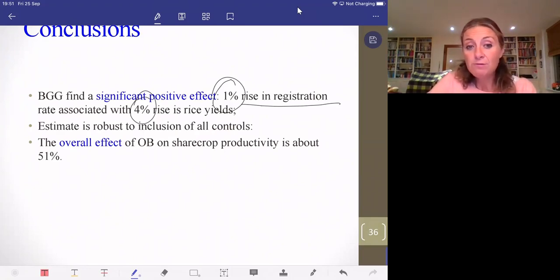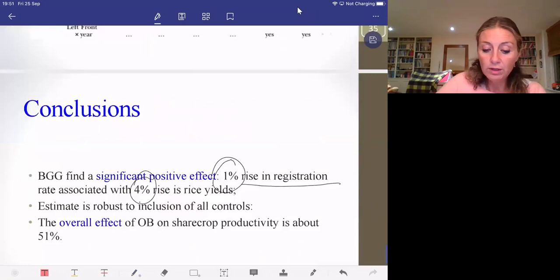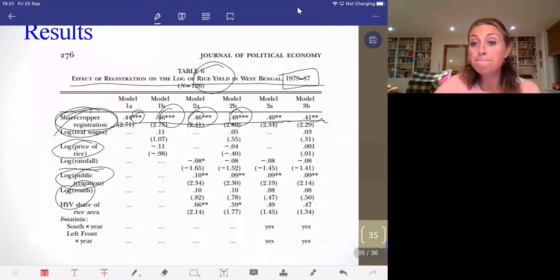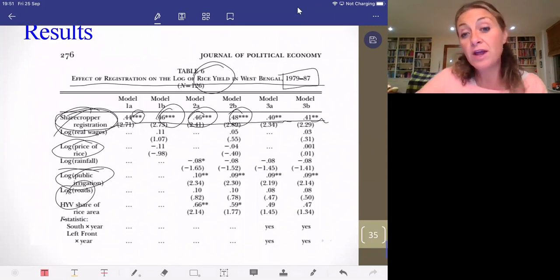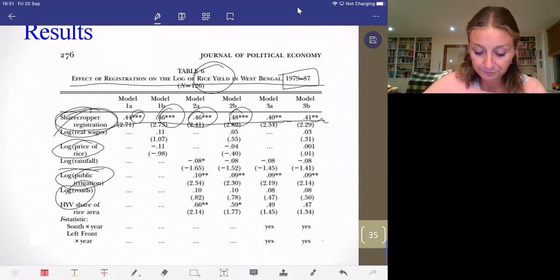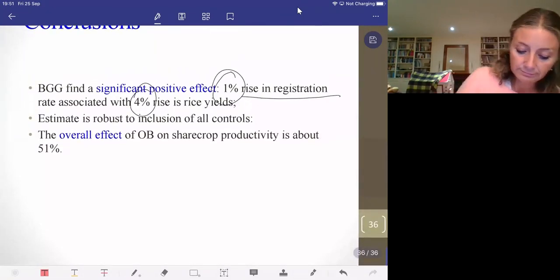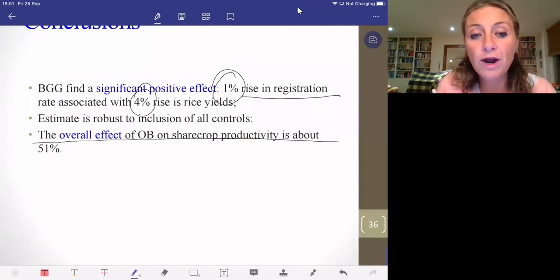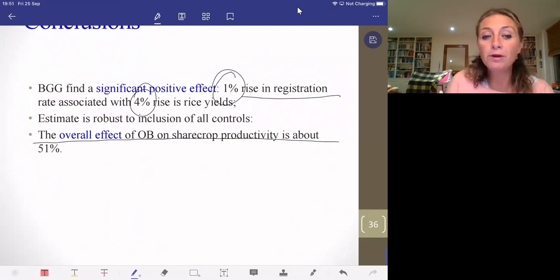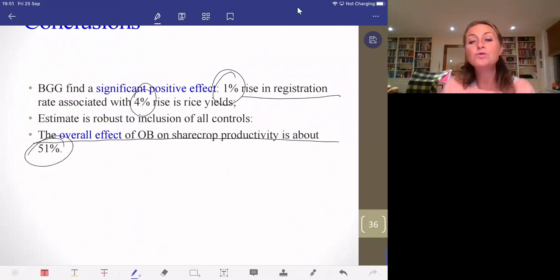The estimate is robust to the inclusion of all controls; as we have seen, by including other variables the results don't change, slightly reducing the strength of the robustness, but not that much. And they conclude, therefore, that the overall effect of Operation Barga on sharecropper productivity is about 50%. It's a huge amount.